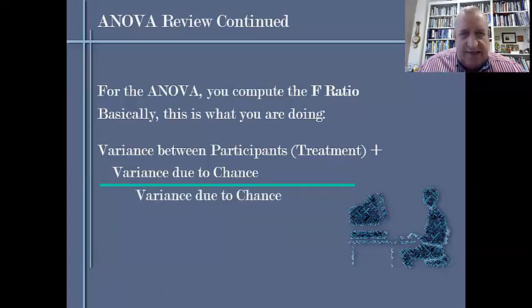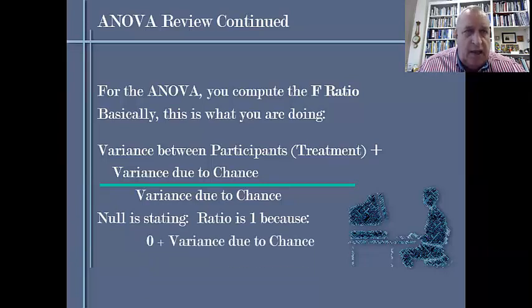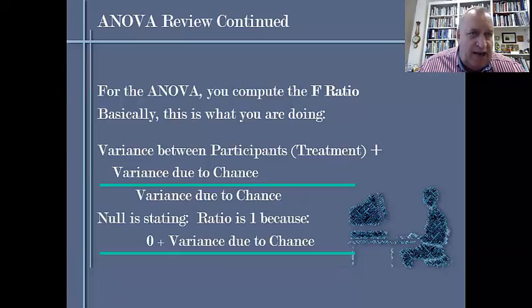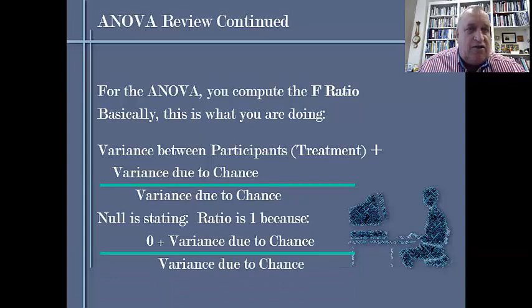So in a sense we're taking the variance due to chance out of it, and what we come up with is the variance between the participants. The null states that there is no difference in the participants' scores, so the variance between participants is 0, and the variance due to chance is what we've estimated. We divide that by the variance due to chance, and that gives us a ratio of 1.